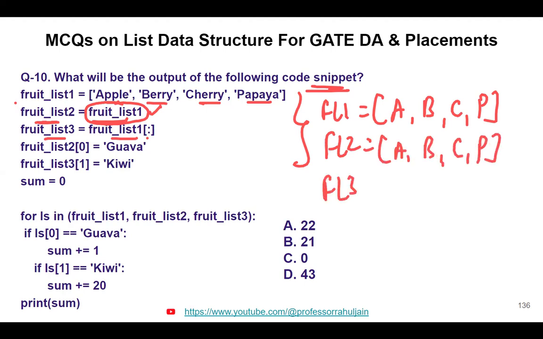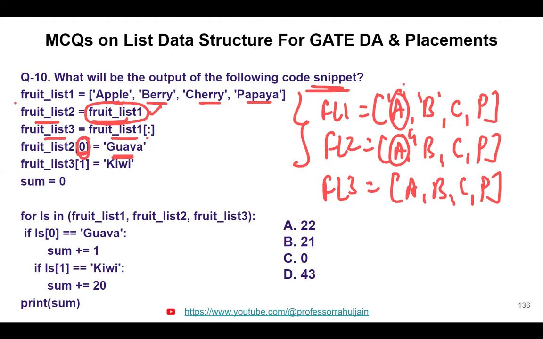And fruit list 3, which is only a copy, has apple, berry, cherry, papaya. Now fruit list 2[0] equal to guava: in the second list, I am updating the 0th index with guava. Since it is referencing, here also it will be updated with guava. So both are guava now.